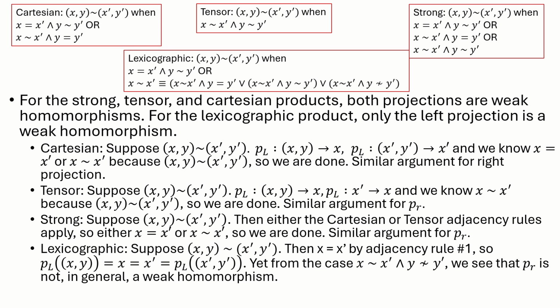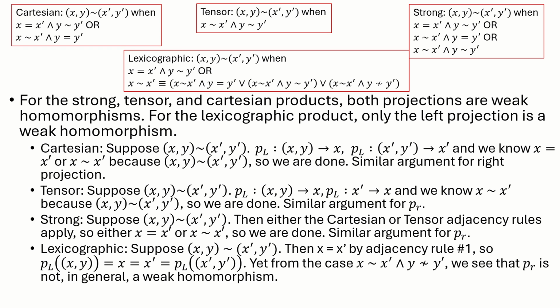In fact, it won't be unless the right factor graph is a complete graph or the left factor graph is empty of edges, as otherwise there's some pair of adjacent vertices in the product where the left coordinates are adjacent and the right coordinates are not adjacent, meaning the right projection maps the adjacent pair of vertices to a non-adjacent pair of vertices in the right factor graph.